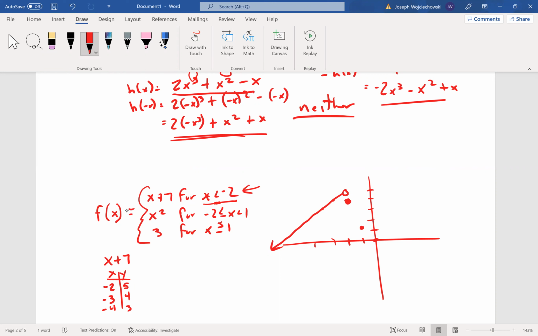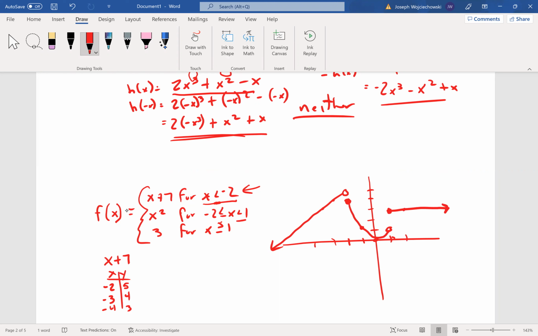Then we have 1, and 1 squared is 1. But it's strictly less than, so we use a dot again. And this is like this. Okay, then our third part here is for x equals 1, we go to 3. For x equals anything above 1, we go to 3. So that is our 3 parts.